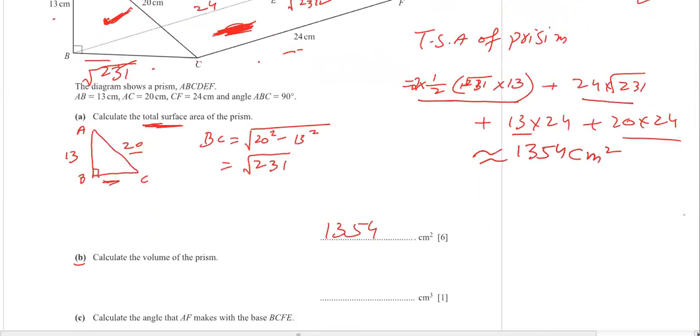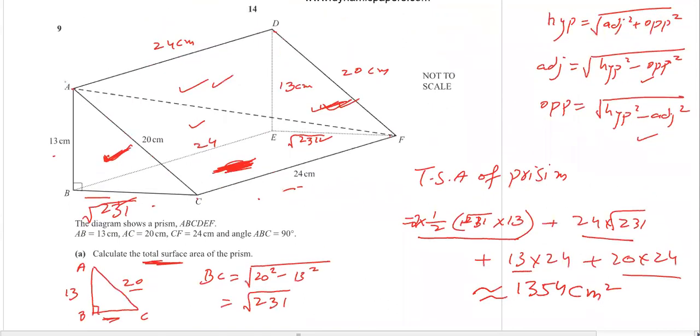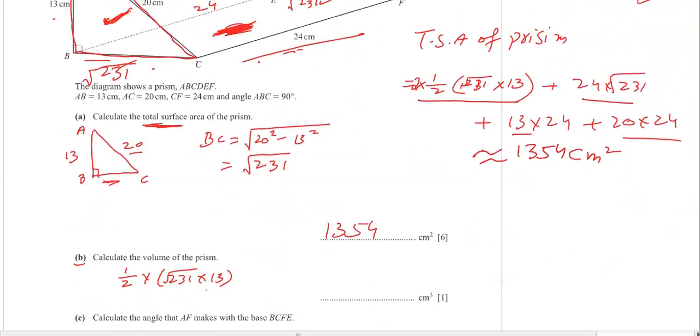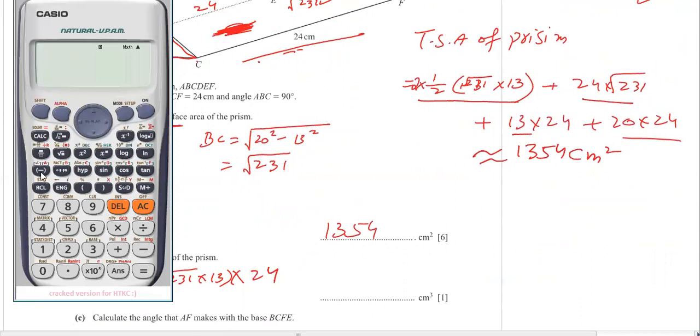So the volume of the prism will be area of cross section, 1 over 2 into square root of 231 multiplied by 13, because this is the area of the one triangle. This triangle is the cross section here. So I took the area of this cross section multiply by length. That is always the volume of the prism. Multiply by length, and length is 24. So simple. Let's calculate that.